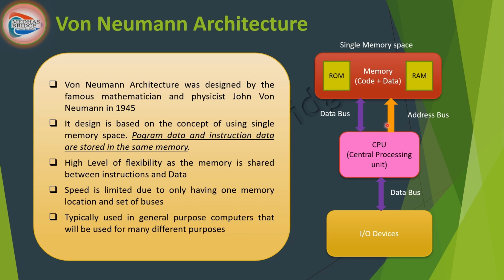So you are sharing the buses for accessing both code memory and data memory, and hence there is a speed limitation. Speed is limited due to only having one memory location and a set of buses. This type of architecture you widely see in general purpose computers.